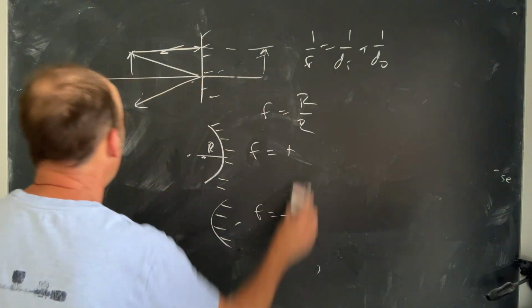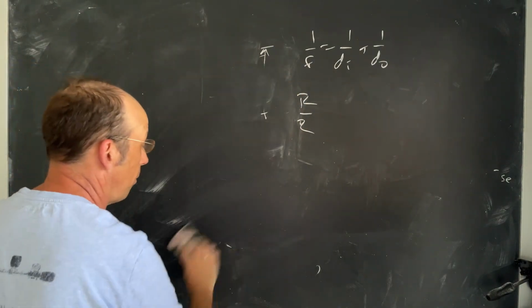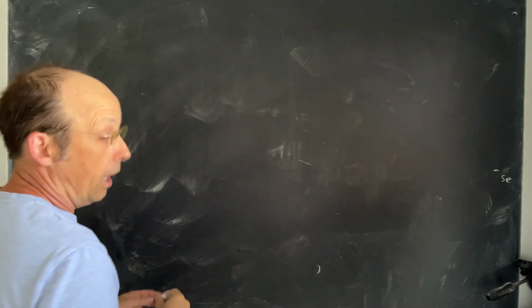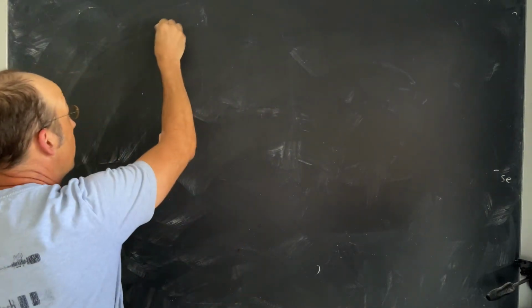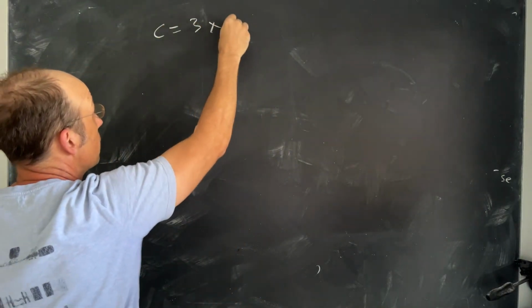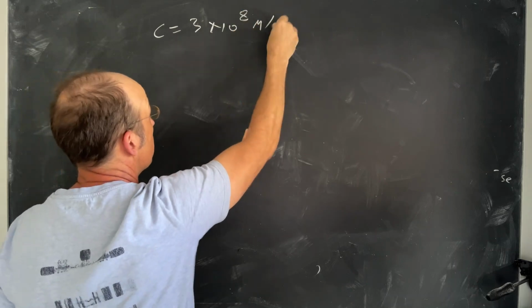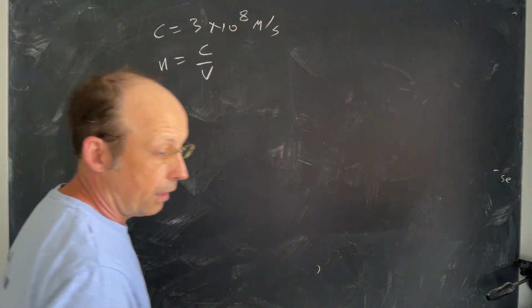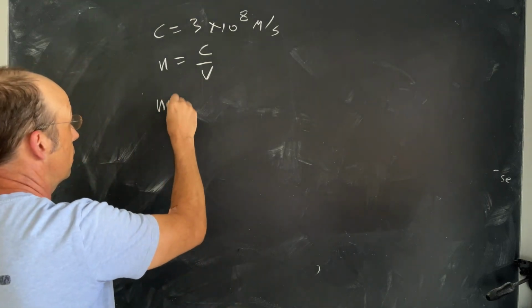Okay, let's look at the chapter summary equations. This is the summary of the summary. 1, speed of light. The index of refraction. Snell's law.